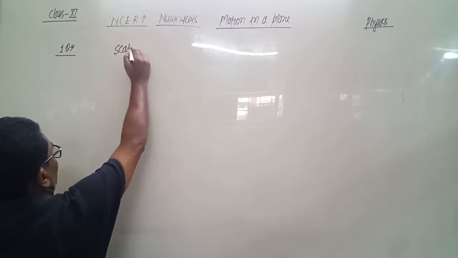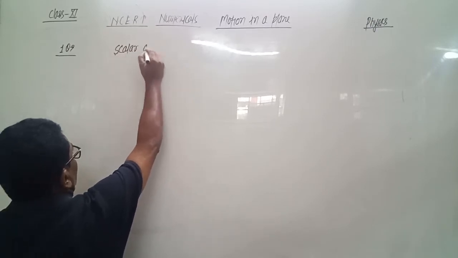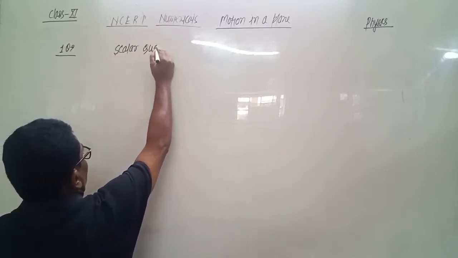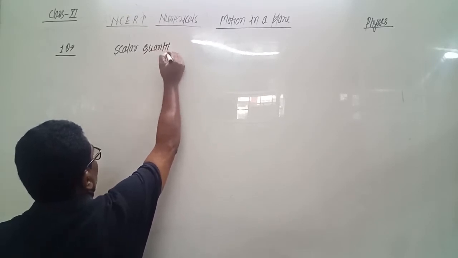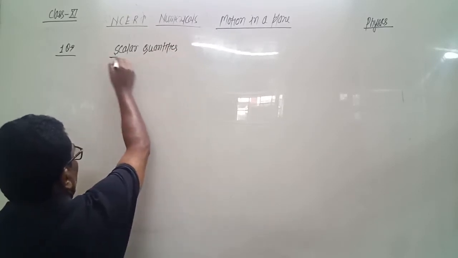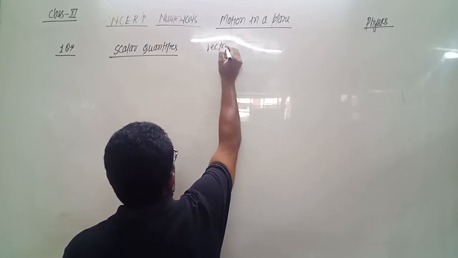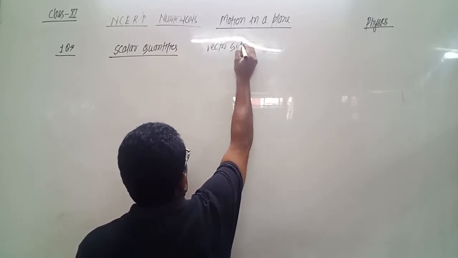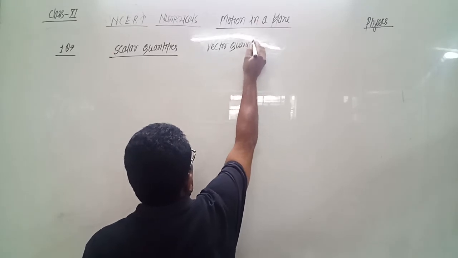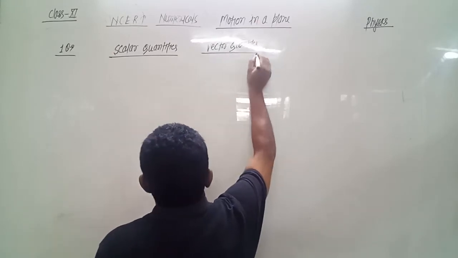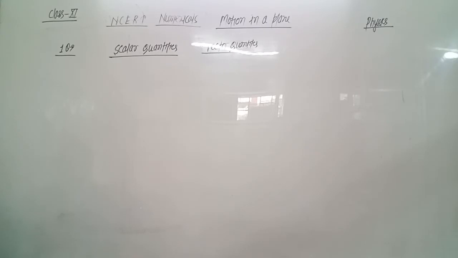We will make two tables. In one we write the scalar quantities and on the other side we will write the vector quantities.